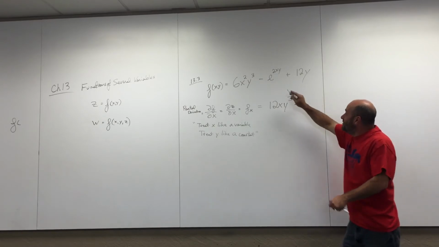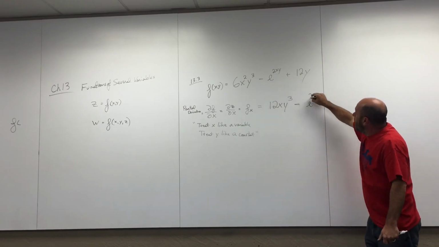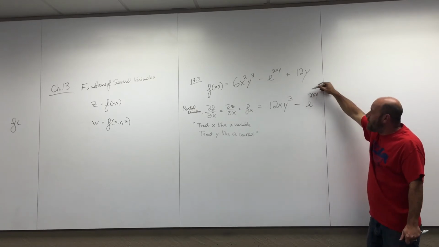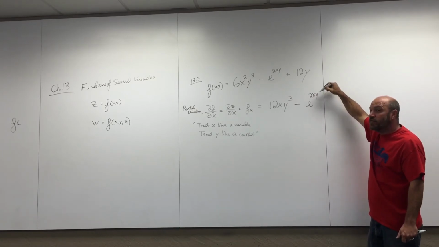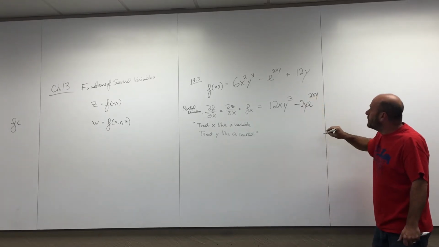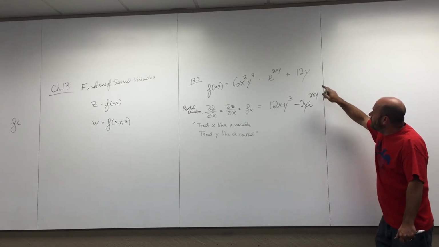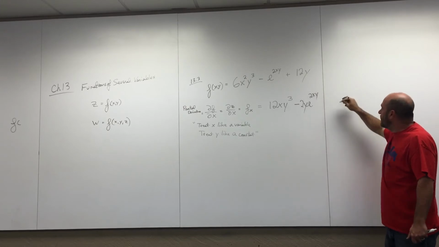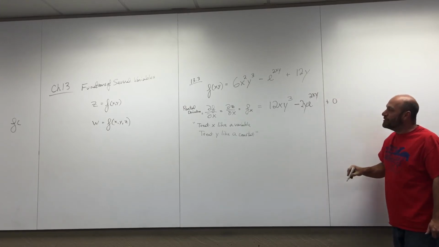All right, hang on. The derivative of the e function is itself. The chain rule says you've got to do this derivative with respect to x. 2y. Right, 2y. And you could write it out front, would be smart. Great. And now I'm taking the derivative of this with respect to x. 0. Yeah, I'll just put 0. Good.